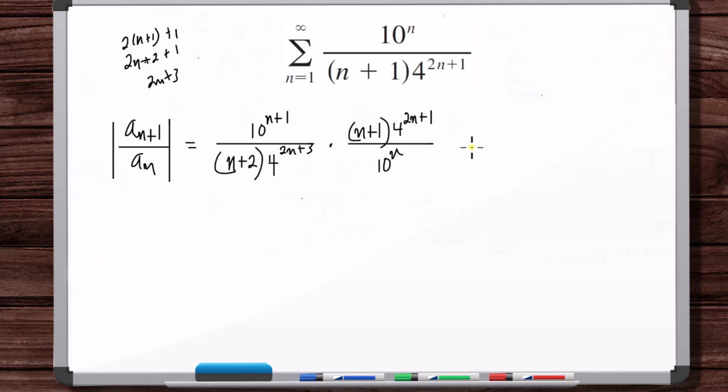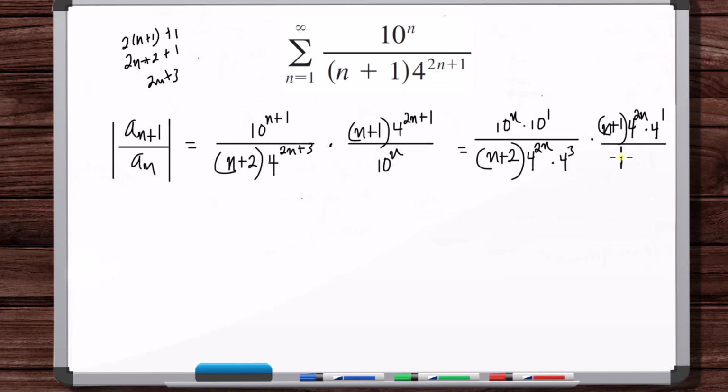Okay, and so we can do this. We've got 4 to the 2n times 4 cubed. Then we've got 10 to the n times 10 to the first. Then we've got n plus 1, 4 to the 2n times 4 to the first, and then 10 to the n.